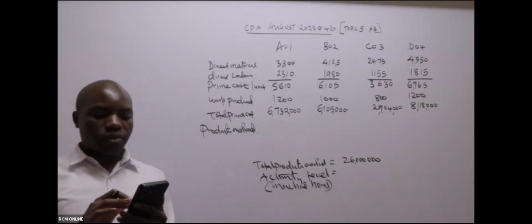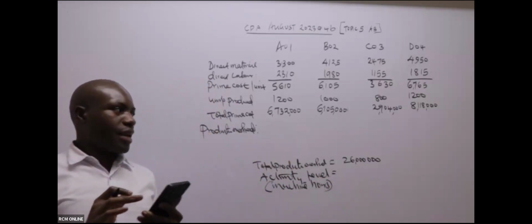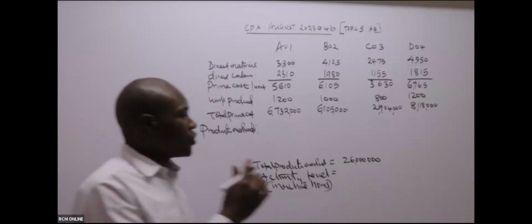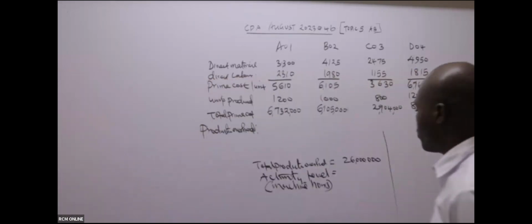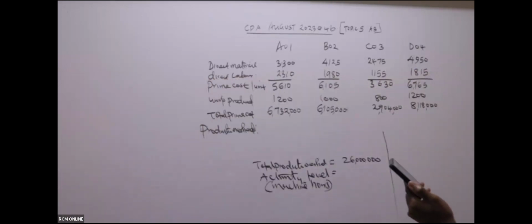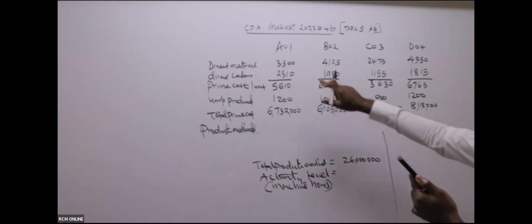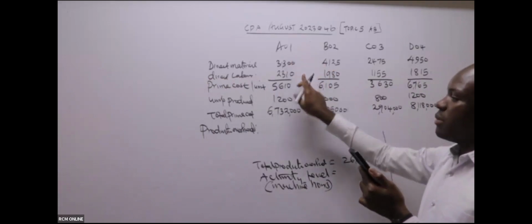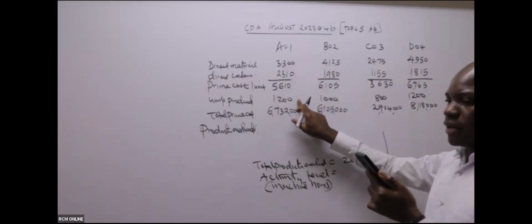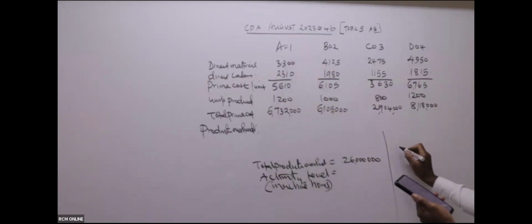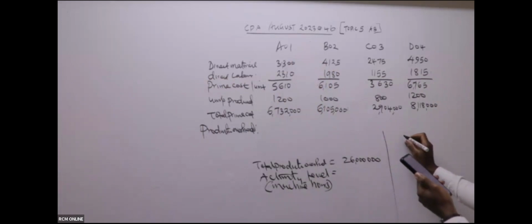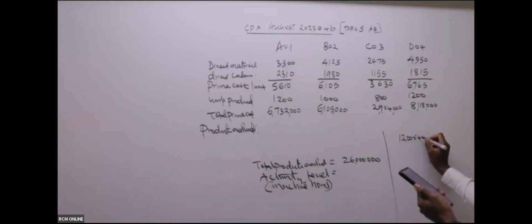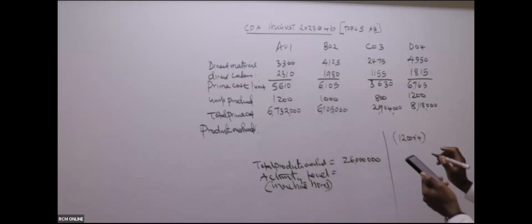So we need to get the total machine hours. For us to produce a unit of A1, we need 4 hours. The company has managed to produce 1,200, so total machine hours require 1,200 units times 4 hours per unit of A1.